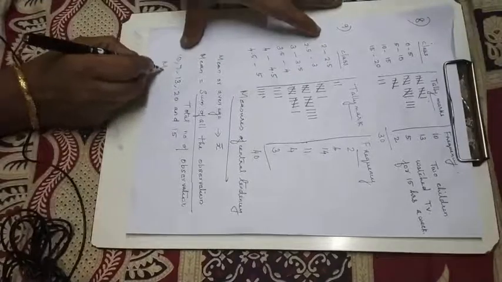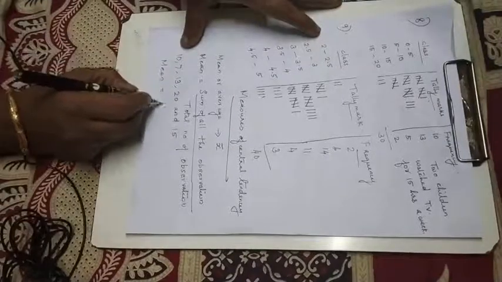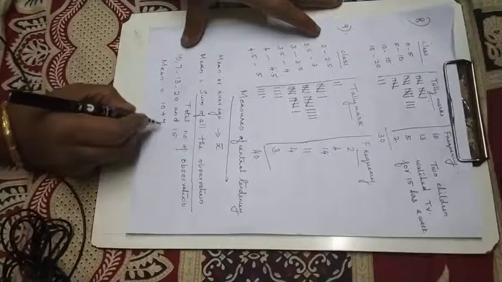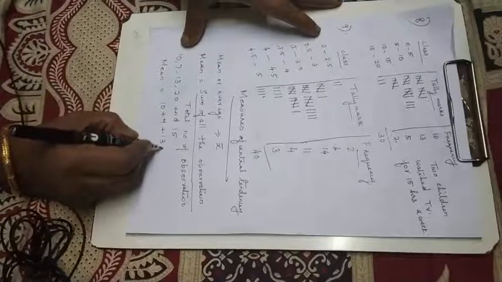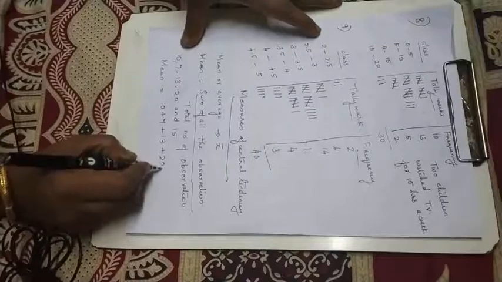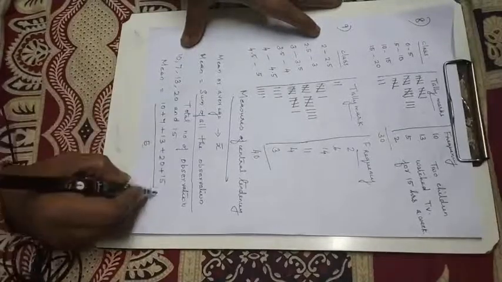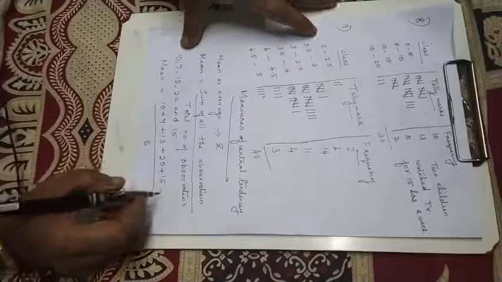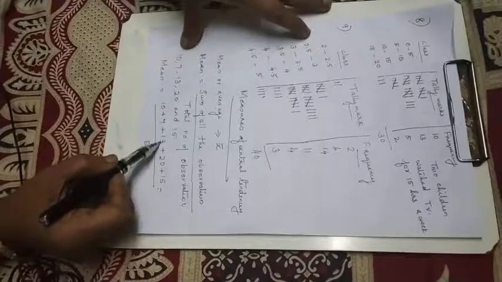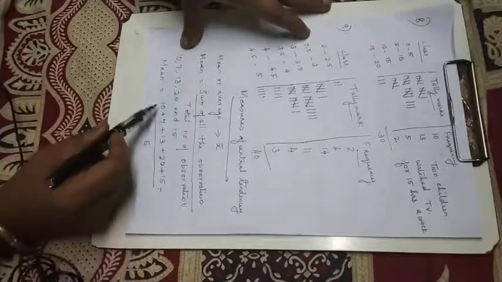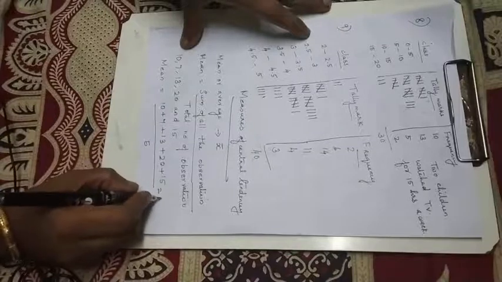So the mean of this data is equal to 10 plus 7 plus 13 plus 20 plus 15 divided by 5. Here we know that is 20, 40, 50, 65 it will come.